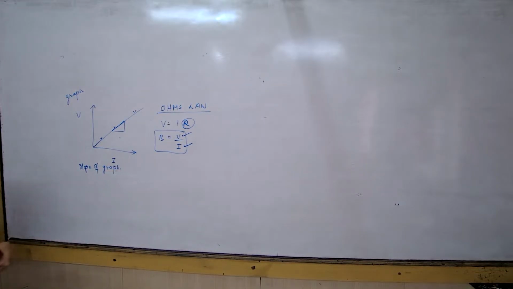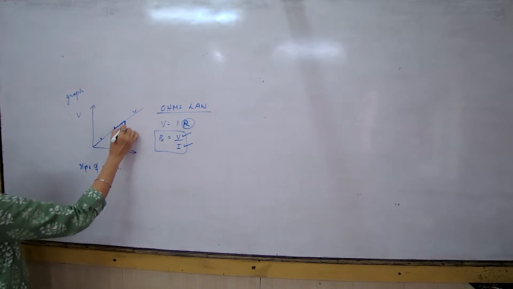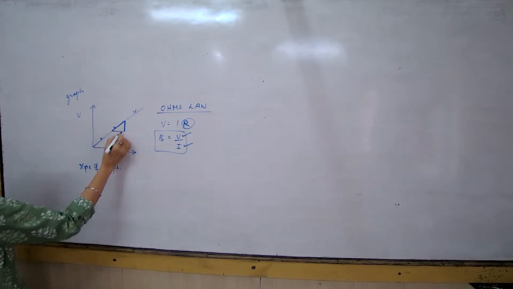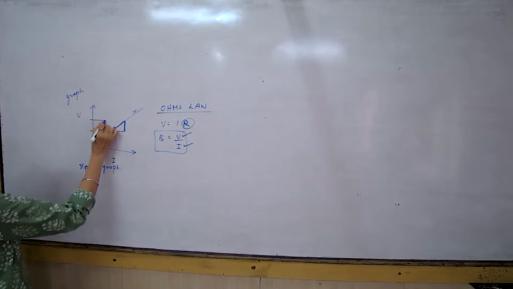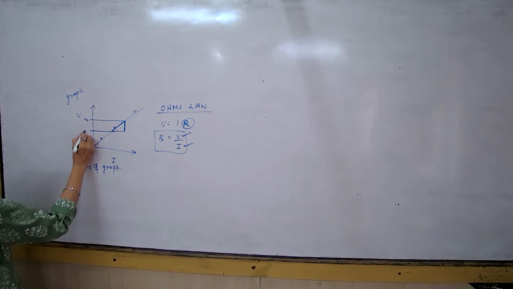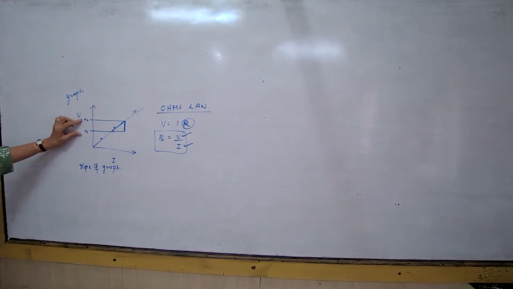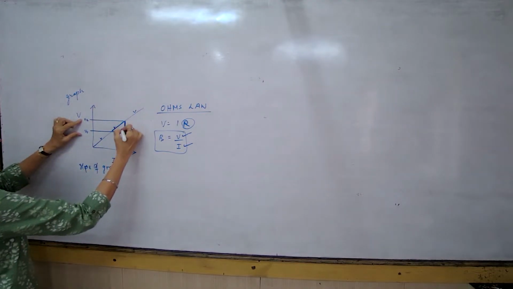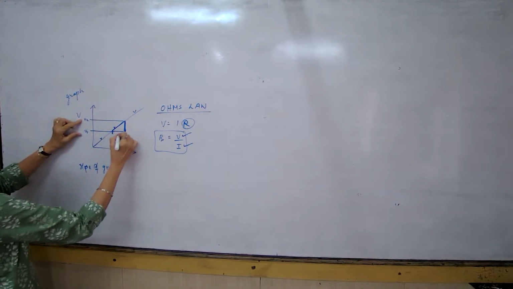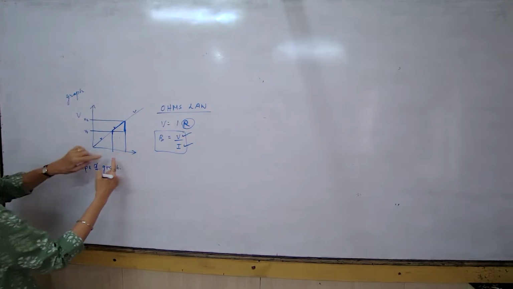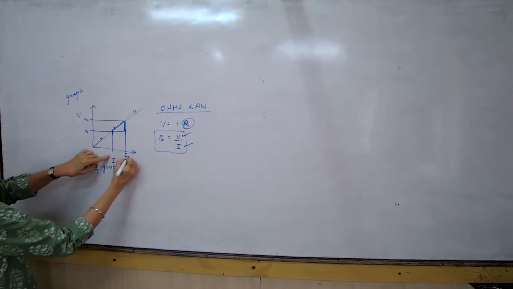What does it tell us? If I'm taking a small difference of potential difference, V, that means this part is referring to your V. So from here to here. Suppose this is your V2 and this is your V1. So this difference between V2 and V1 is on this axis. Similarly, this is referring to your I. Suppose I say this is I2 and this is I1.